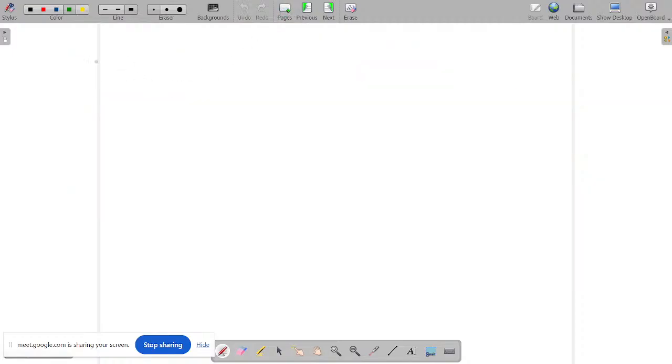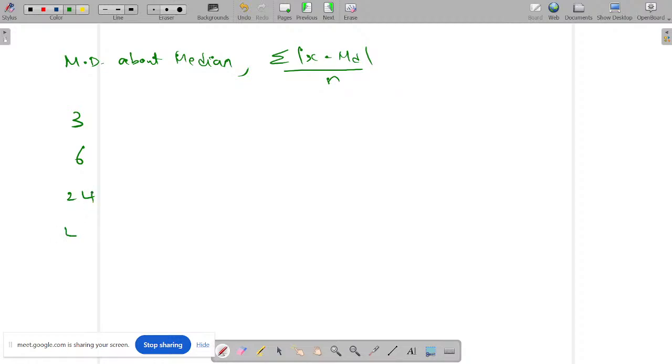Yes, please join. I'm working on mean deviation about median. I just want to know the values. Please, everybody, join with me. What's the formula here? Summation modulus of x minus median divided by n. So we have the values 3, 6, 24, 48, and the median value is 15.